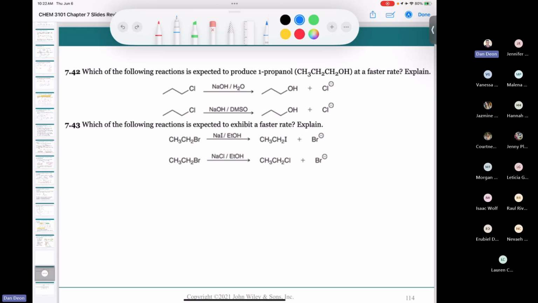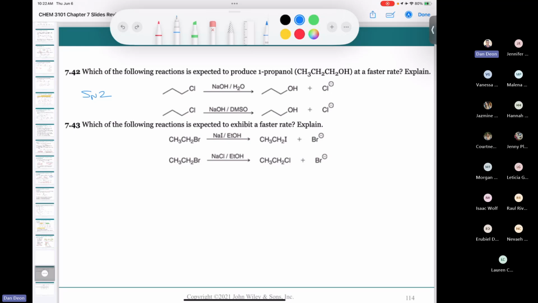It says here, which of the following reactions is expected to produce one-propanol at a faster rate? Explain. You can see that these are both SN2 reactions, because you have a nucleophile, you get a nucleophilic attack, and loss of leaving group.